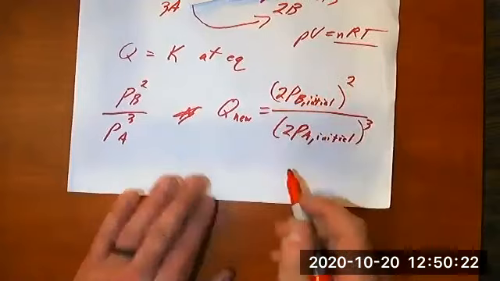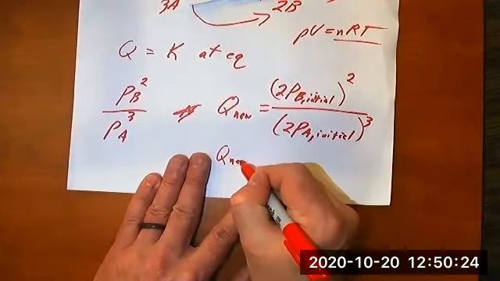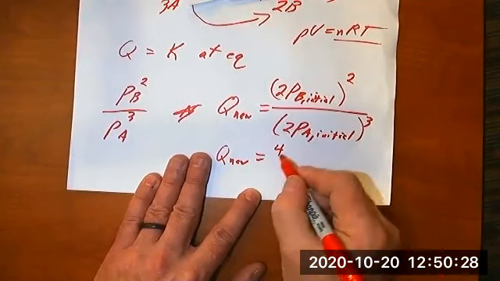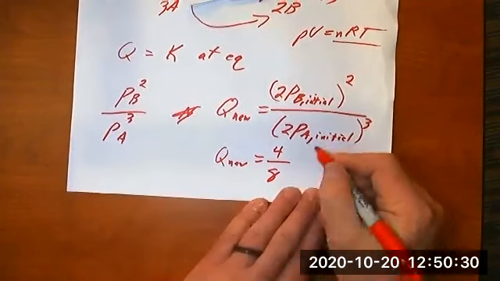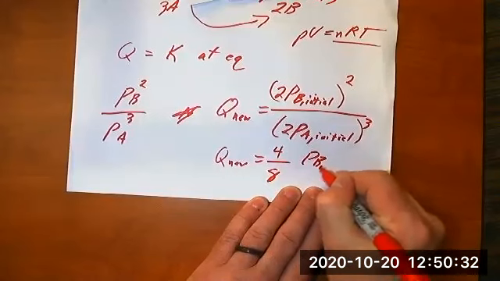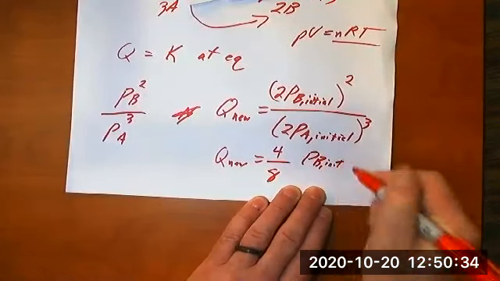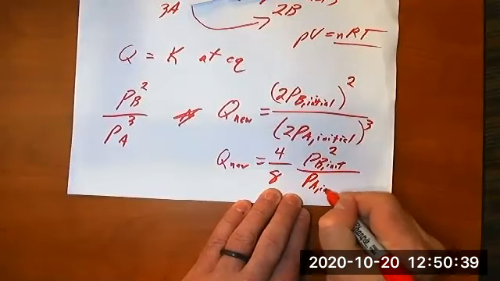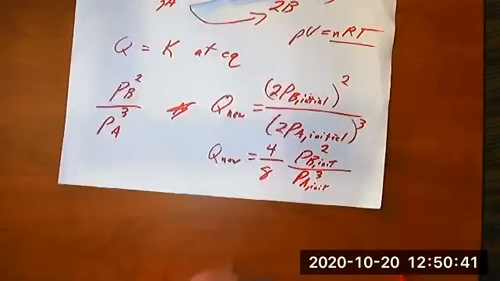Now let's factor that out. So our Q new is now going to be 2 squared or 4 over 2 cubed or 8 times the initial pressure of B squared over the initial pressure of A cubed.